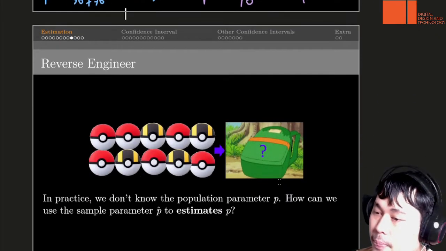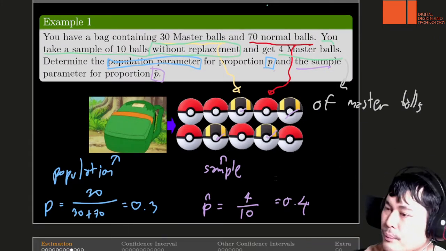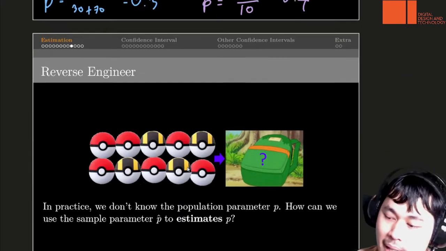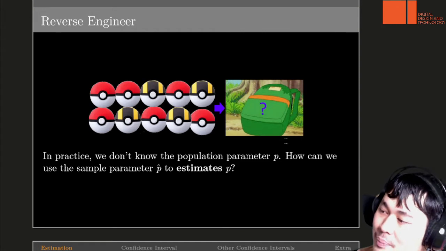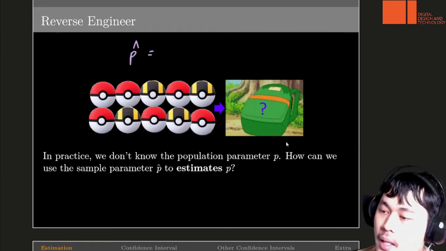So there's a concept here. Given this, we can compute these two values. But in reality, you get this P hat based on the sample of 10, and the sample proportion is 0.4.